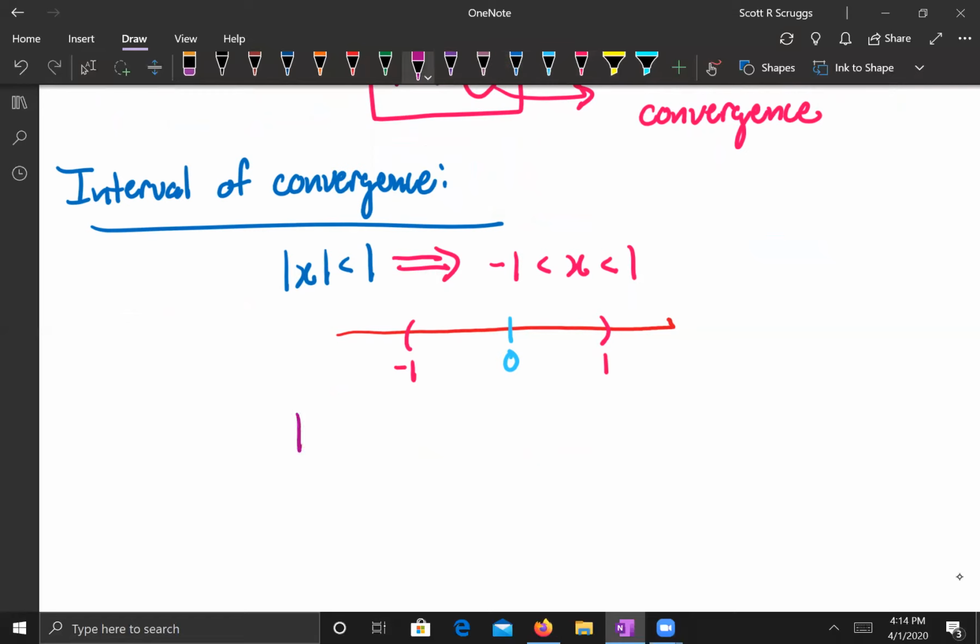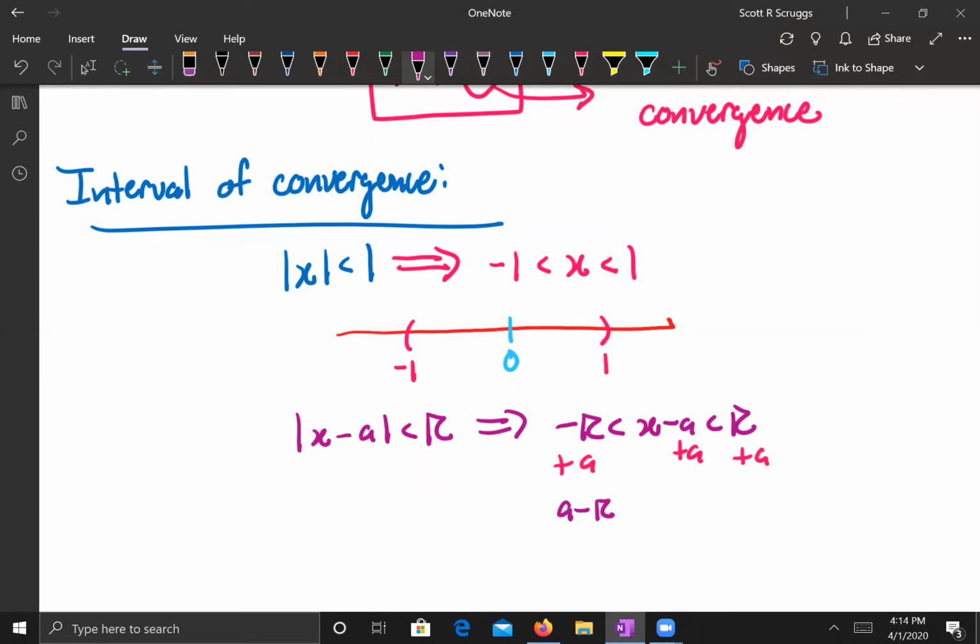If I actually had a center that's not 0, say the center was a, I would add a to everything, to rewrite that as a minus r is less than x is less than that center plus the radius of convergence.